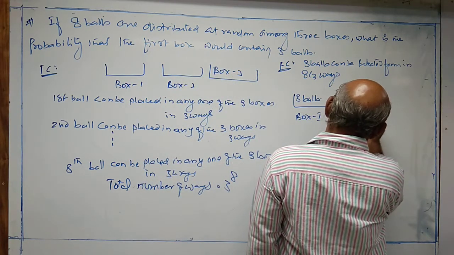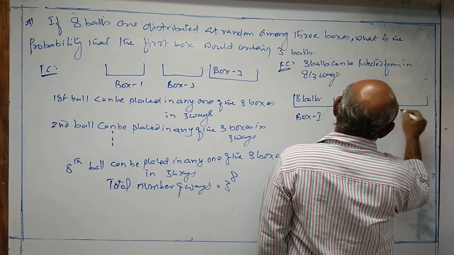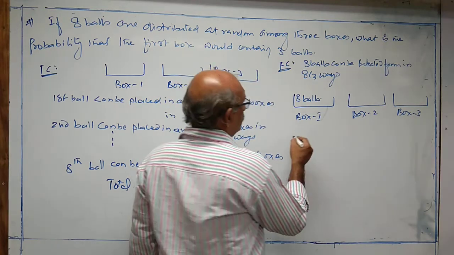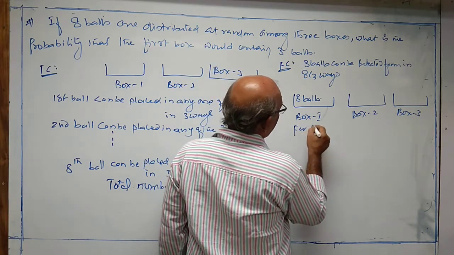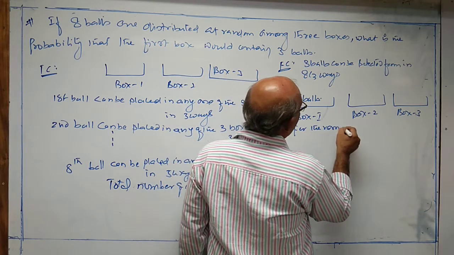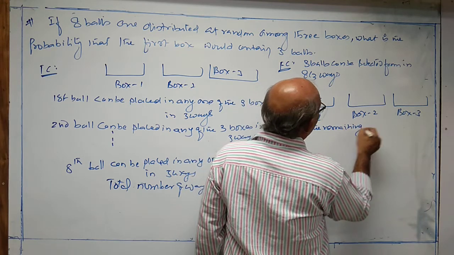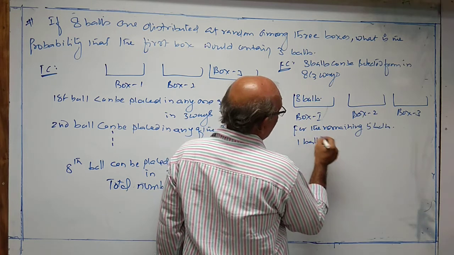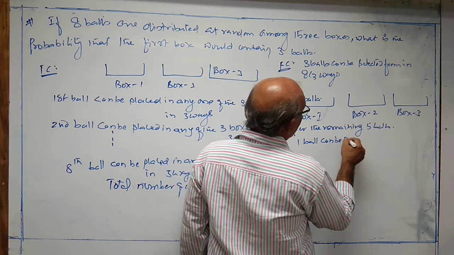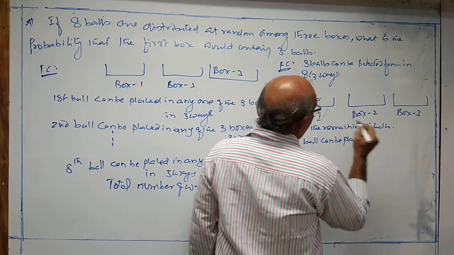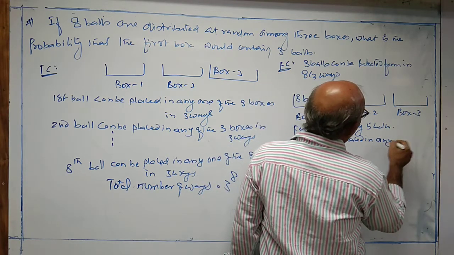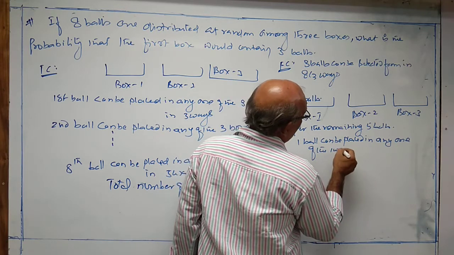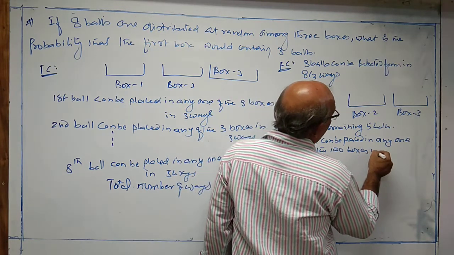Now you have box 2 and box 3. For the remaining 5 balls, the first ball can be placed in any one of the 2 boxes in 2 ways.